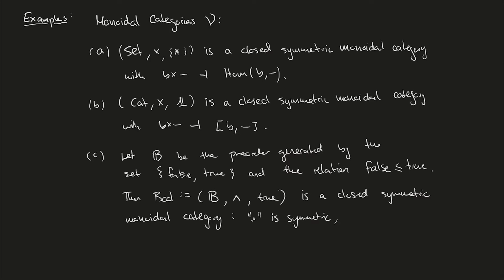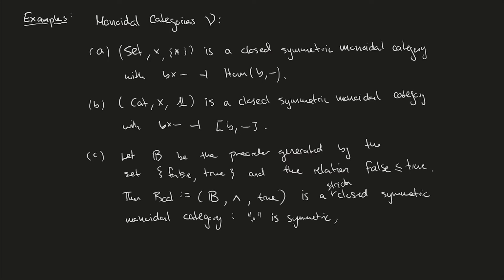Moreover, we don't have to check the commutativity of the diagrams involved, because this is actually not only a closed symmetric monoidal category, it's also strict. So the commutativity of the diagrams involved is trivial, so we just have to check the axioms. So we know that this operation AND is symmetric.